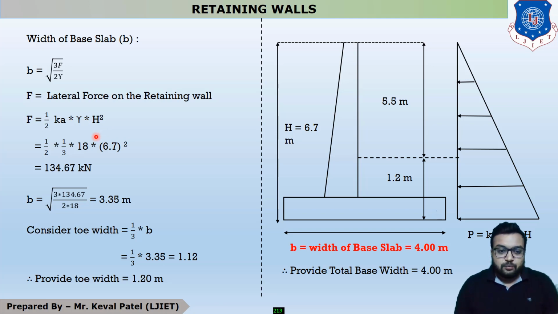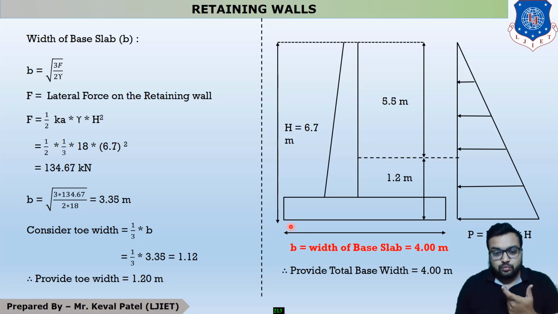After putting all these values, our gamma is 18 and our capital H is 6.7 meter. So we will get our answer 134.67 kilonewton. After putting all these values, we will get our answer as 3.35 meter.